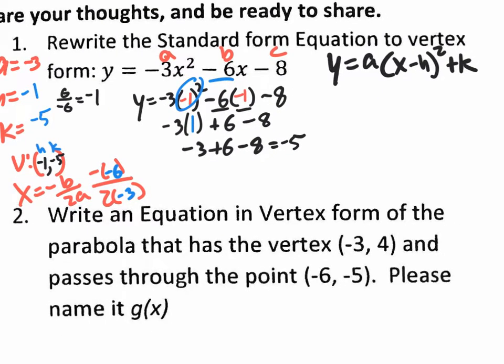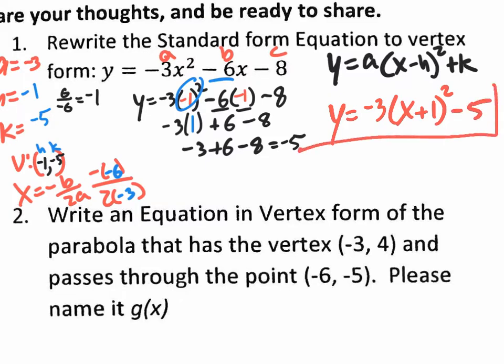So your final vertex form equation is y equals, the a value is -3, x minus h, which is a -1, so a minus becomes a plus, squared plus k, but the k is a -5, so you put a -5. Does everybody understand? That will be on tomorrow's quiz. You need it. Okay, not that exact question, but a very similar question will be on tomorrow's quiz. It's worth 2 points because it takes so long.